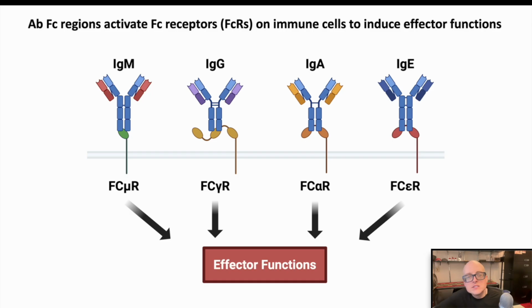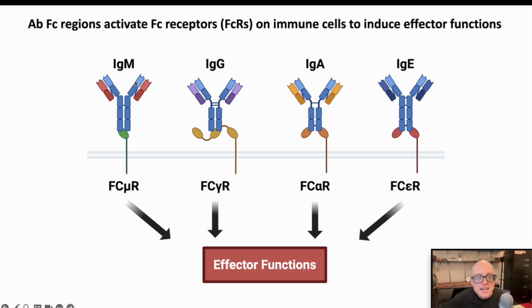And these Fc receptors are typically on the surface of immune cells. And when these Fc receptors become activated, they transduce some signal into that immune cell, which mediates some type of effector function. And you can see that there are Fc receptors that are specialized or uniquely complementary to the Fc of the different immunoglobulin classes.